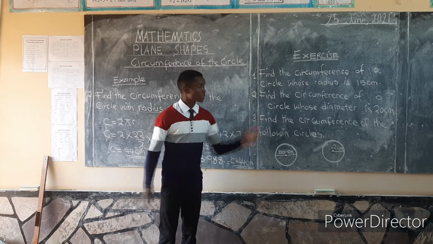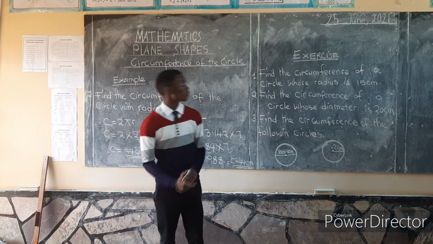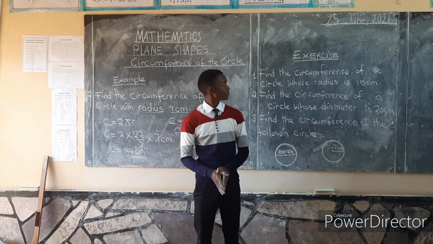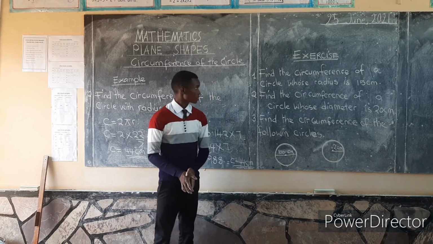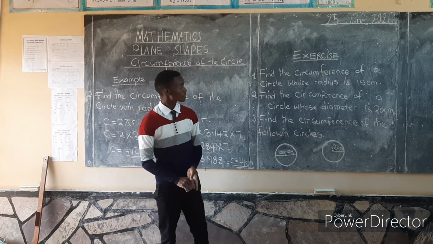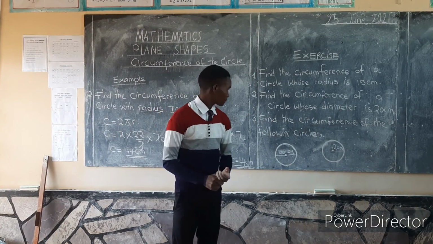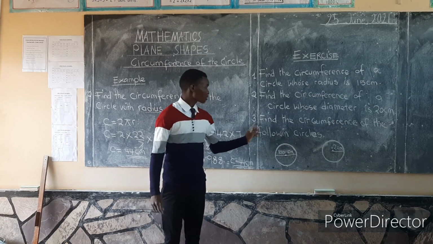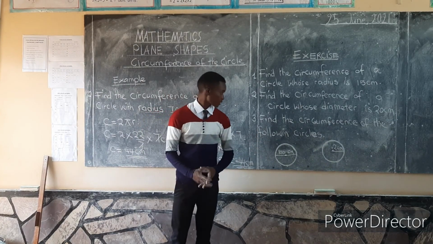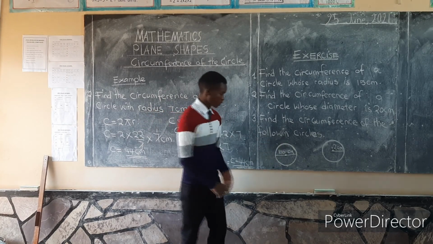The first question is saying, find the circumference of a circle whose radius is 15 centimeters. The second question is saying, find the circumference of a circle whose diameter is 20 centimeters. And the last one, question 3, is saying, find the circumference of the following circles. So we have 2.